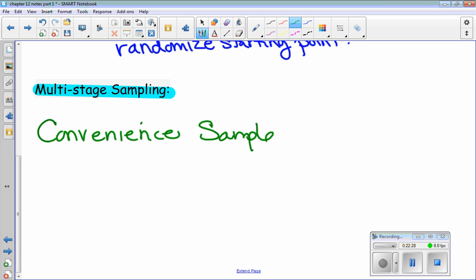Anyway, a convenience sample, guys. And Hunter, you want to explain what that is, just out of curiosity? Or you don't want to? You can read the definition, that's fine. Okay. So we typically call that the man on the street sample.